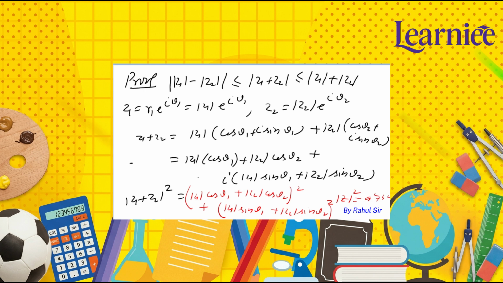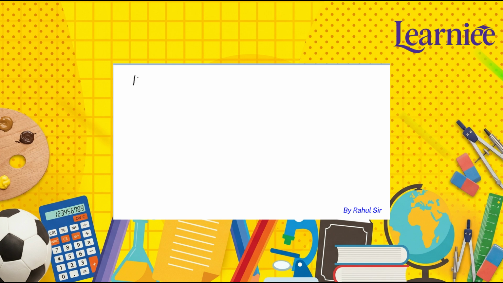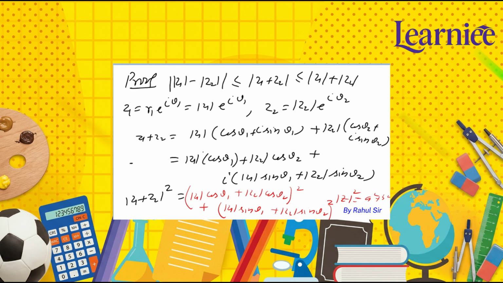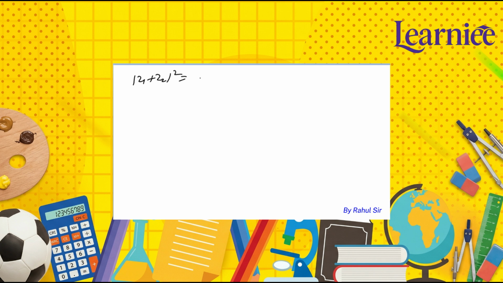Now simplify. The a squared plus b squared will simplify to give mod z1 plus z2 squared. Expanding, a squared plus b squared plus 2ab: the real part gives mod z1 squared cos squared theta 1 plus mod z2 squared cos squared theta 2 plus 2 mod z1 mod z2 cos theta 1 cos theta 2.